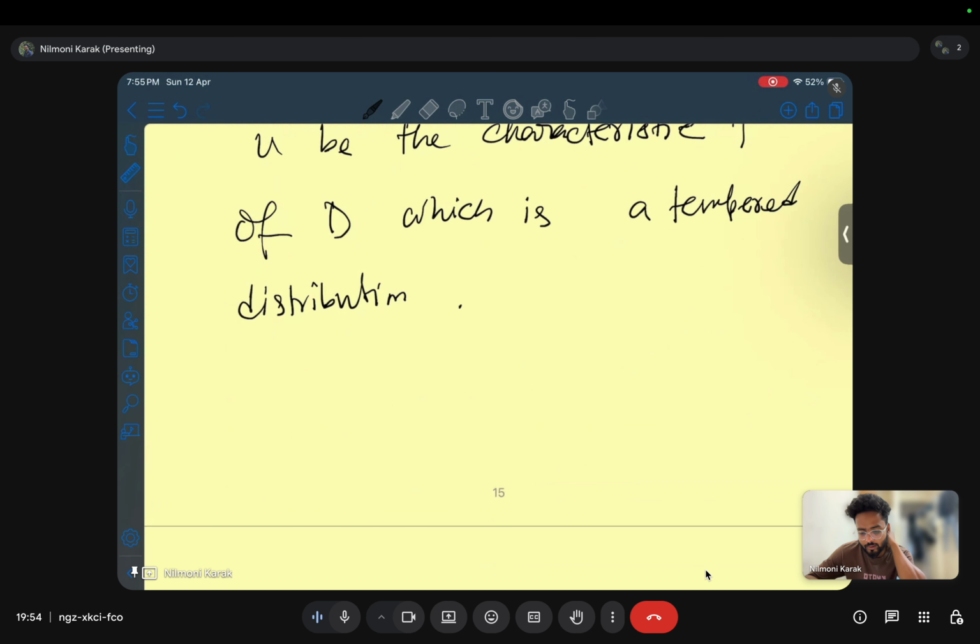If here we want to find the distributional derivative for this characteristic function in two variables, you have to find del u del x of g and del u del y of g.